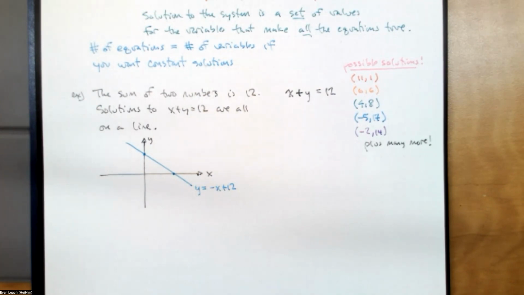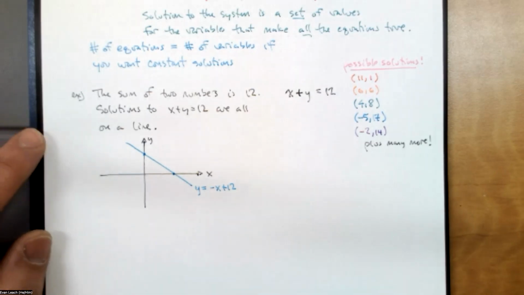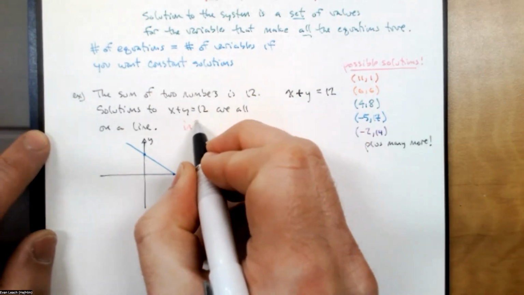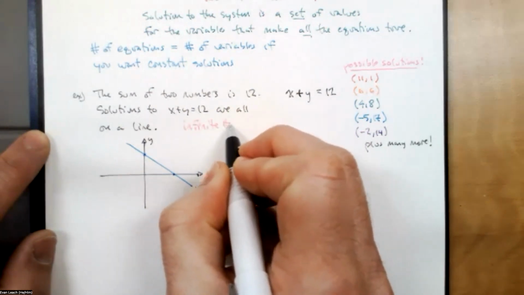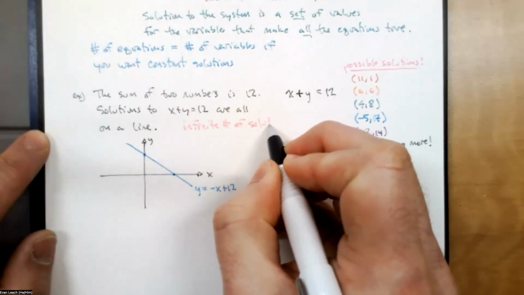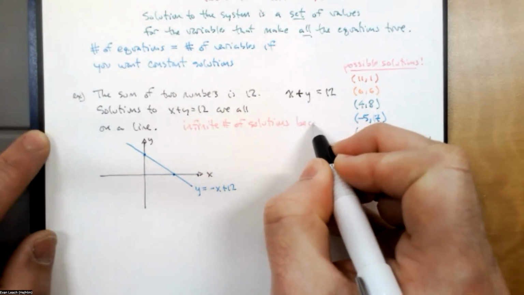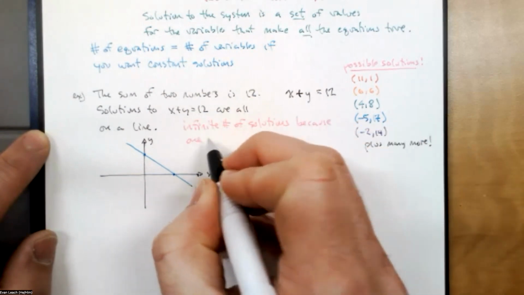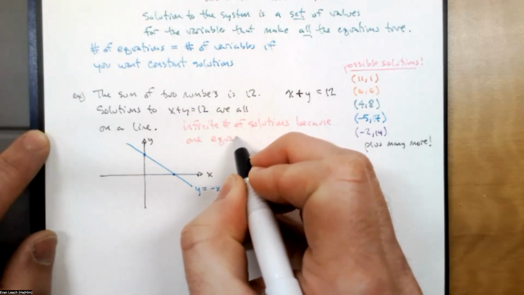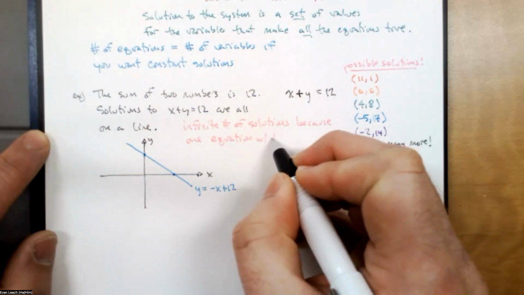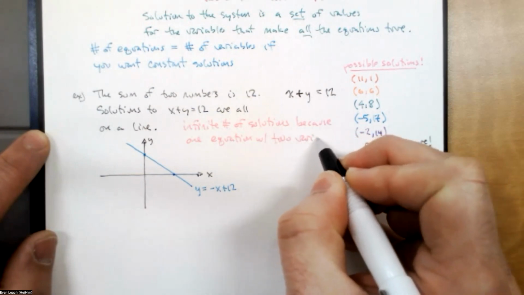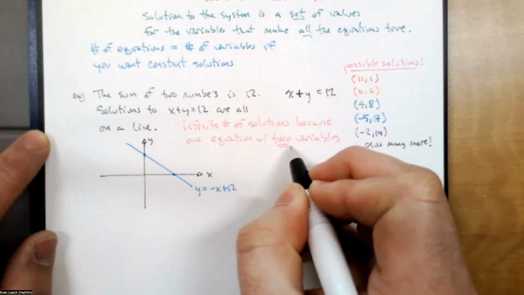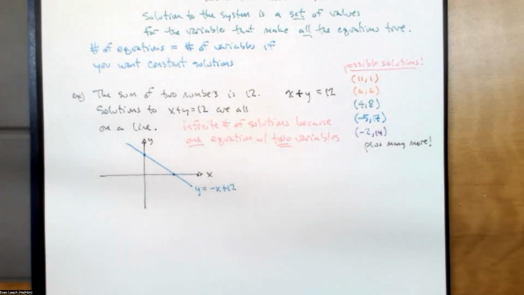Infinitely many solutions, because I have one equation with two variables. We have one equation with two variables, so we have an infinite number of solutions.